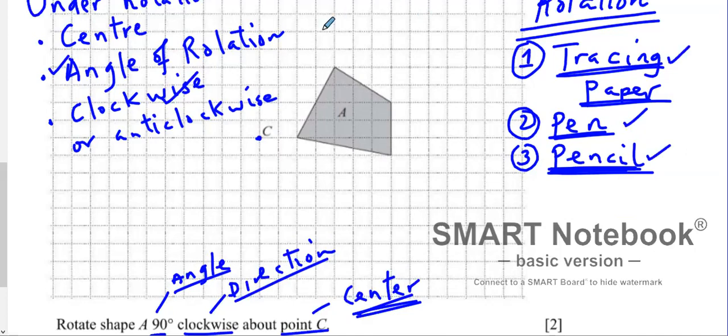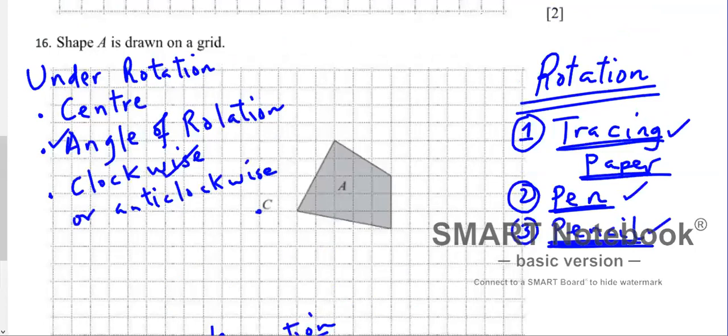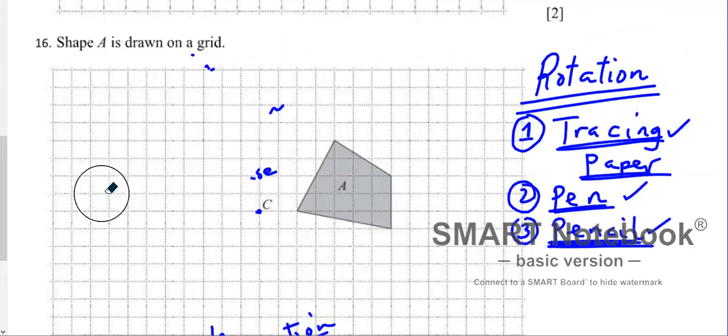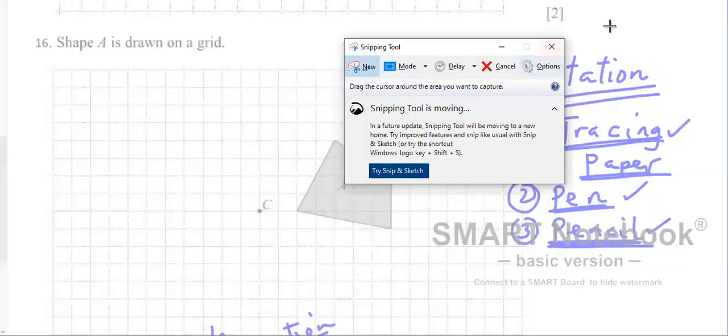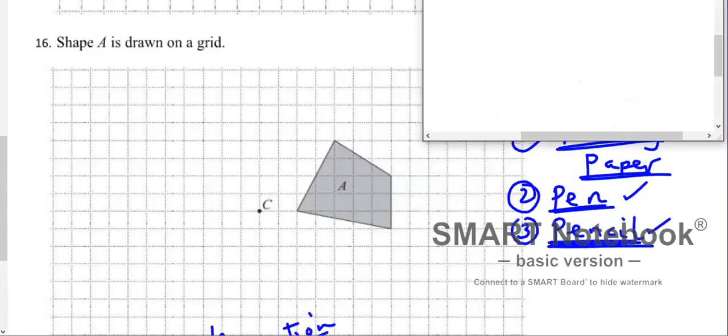All right, now let me try to get the tracing paper so that I can show you how do we do rotation. All right, just hold on. Okay, so here we go.